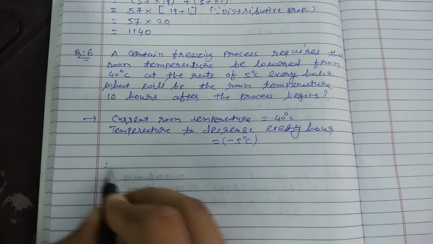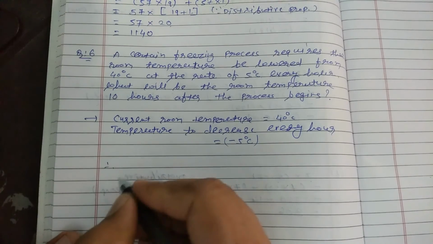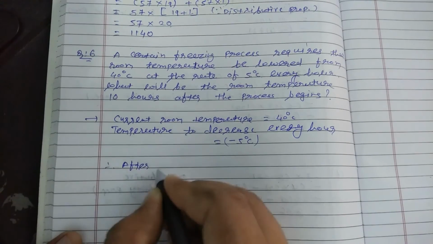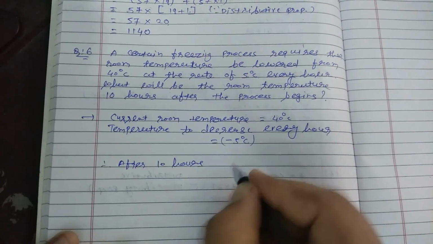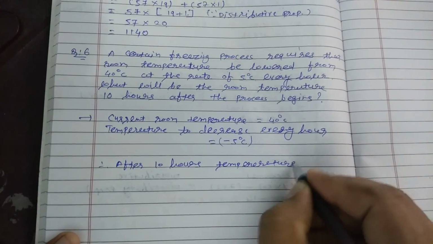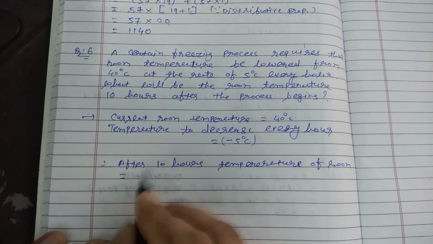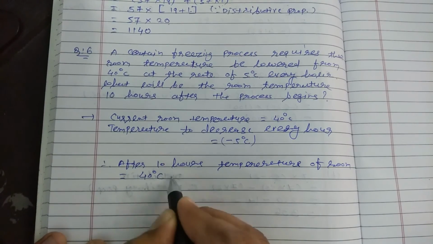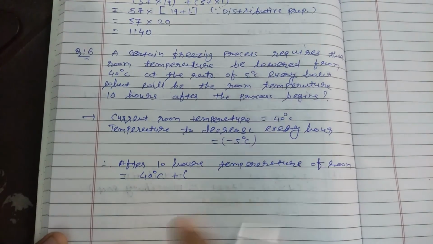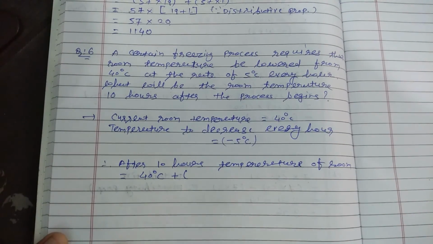Now, after 10 hours what will be the temperature? So we will write: after 10 hours, the temperature of the room is equal to the current room temperature, that is 40 degrees centigrade, plus the temperature we are decreasing, that is minus 5 degrees centigrade, for how many hours? 10 hours.